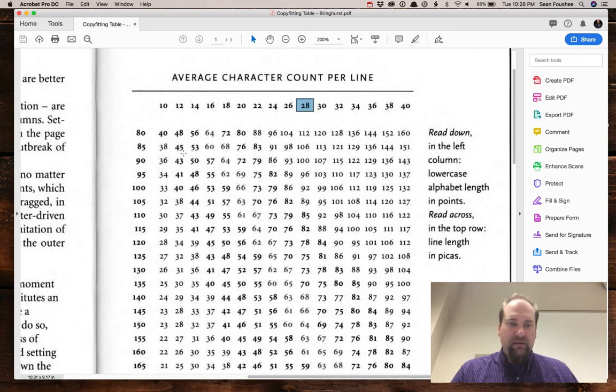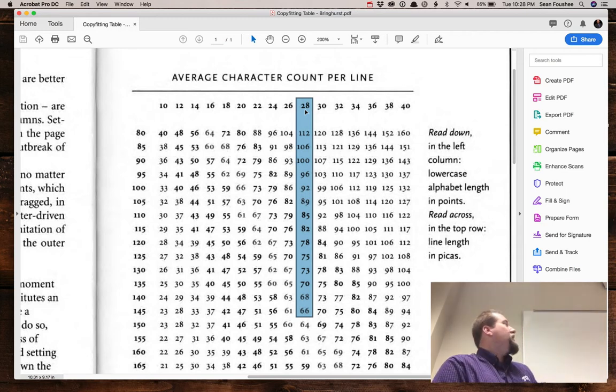We find 145, we come all the way here and find 66. And from 66, if we come all the way up, we get 28. So 28 is the number of picas, the length of our measure. So that's what we want to do.